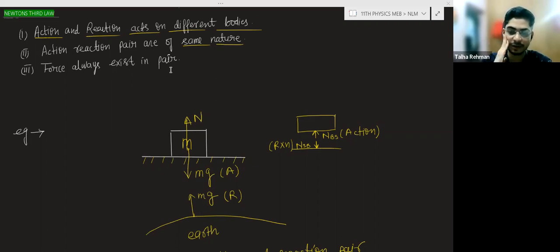Basically Newton's third law says about the force. If he is slapping me like this, here my fingers applying the force on my cheek will be the action, and my cheek will apply the same force on the finger in the opposite direction. Here this law will be valid. But that is not the Newton's third law: for an action there is a reaction.